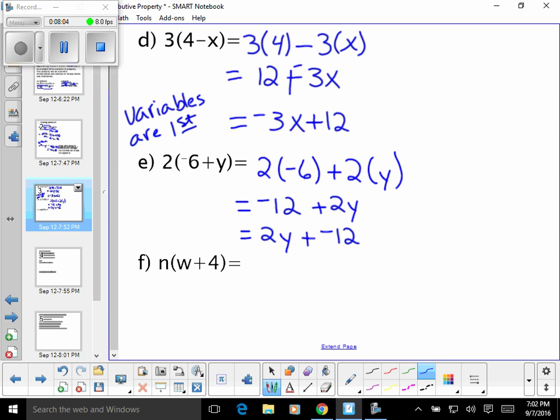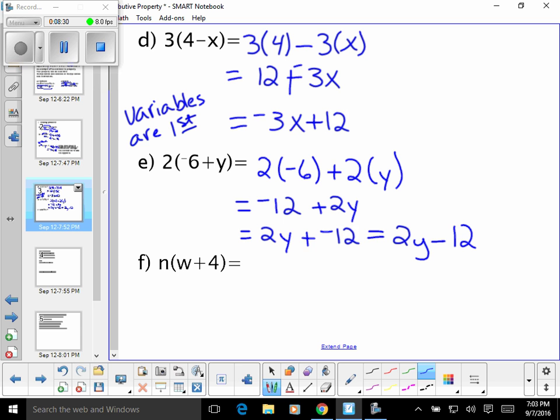The correct simplification of this is to say 2y minus 12. Now what you have happening here is with subtraction, this would be add a -12. So if you see add a -12, that really means subtracting 12.